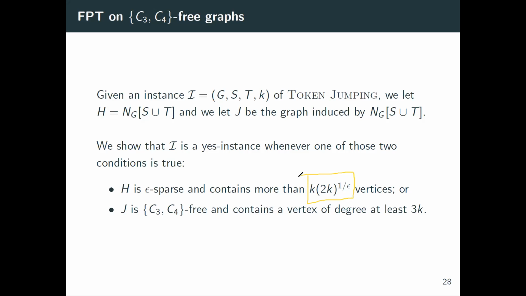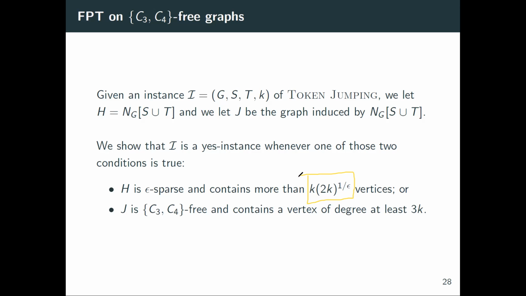This is relatively easy. When H is epsilon sparse and has that many vertices or more, then H is guaranteed to have an independent set of size K, and you're done. That's basically the buffer technique.